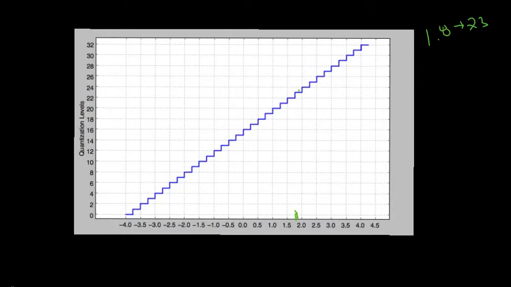So the 23rd quantization level is what 1.8 is. Now if we take 2.2, which is about right here, it's not really half, and you go up, you'll see it maps to around 24. So 2.2 maps to the 24th. Now 3.2 is right in there. It maps to the 28th quantization level.